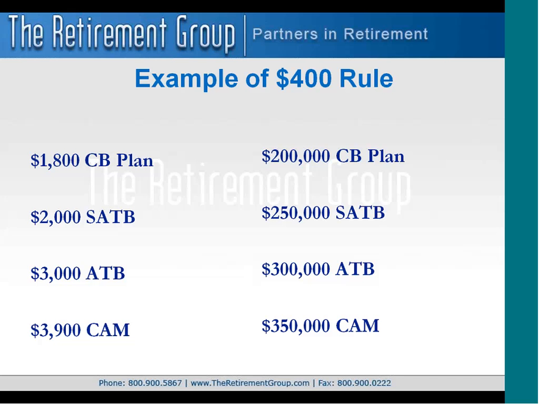I have a question. Yeah, go ahead. How often does this $400 rule in general come into play? More often than not. I would say probably 75% of the time. And like we talked about earlier, it's usually the CAM that's the most, or the highest benefiting pension.